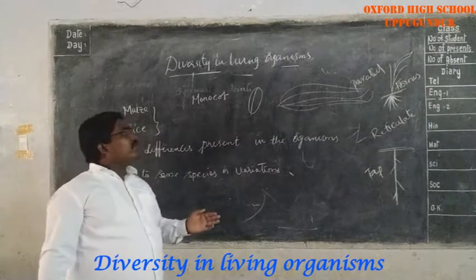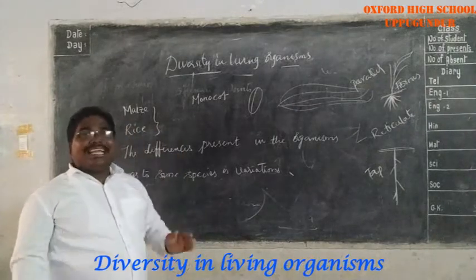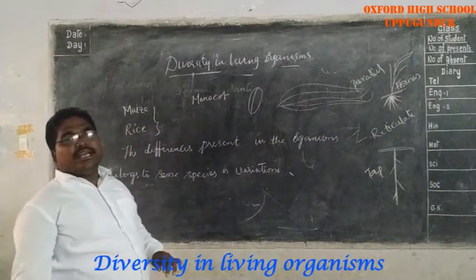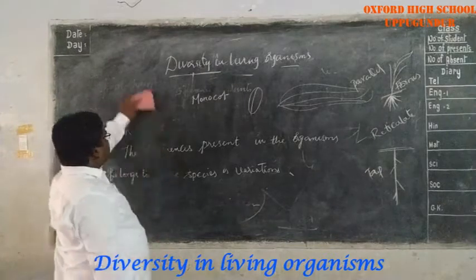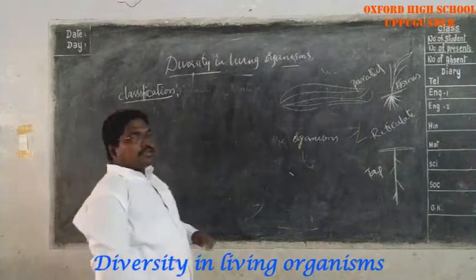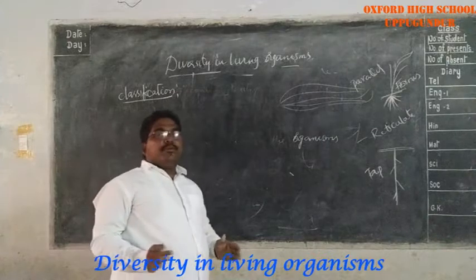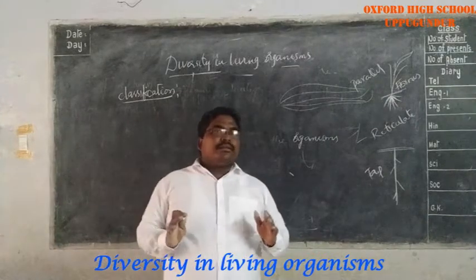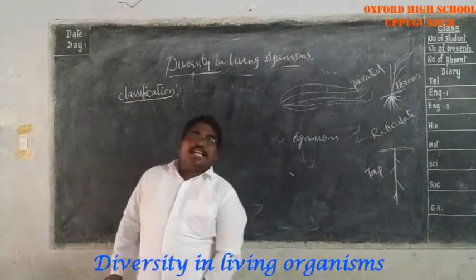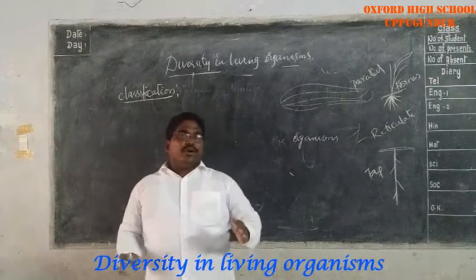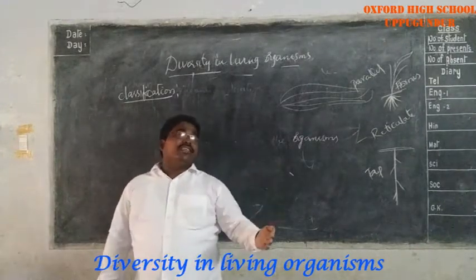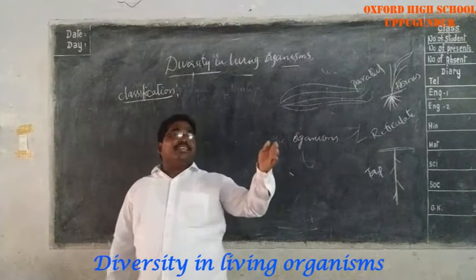Okay, so because of that the scientists have given us the classification. Okay, what is the classification? What is classification? Class, for example, you all are in 9th class. Why are you all classified into that particular class? Why are you separated into a particular class according to your study or according to your age?